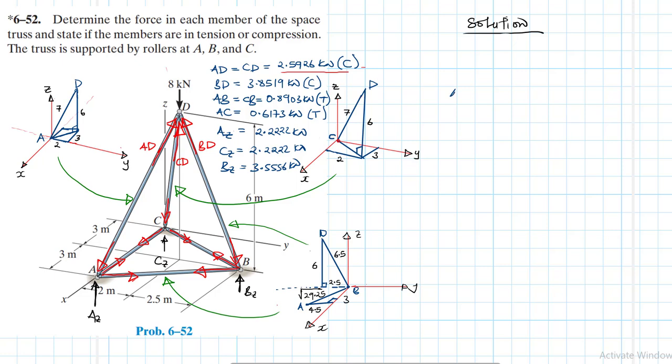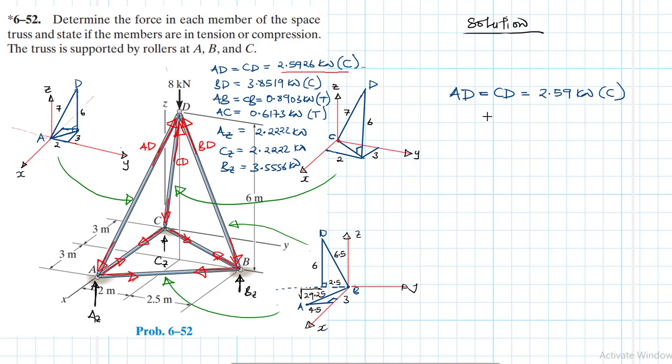We have AD equal to CD equal to 2.59 kilonewtons and is in compression.